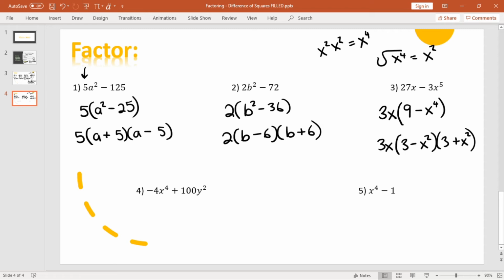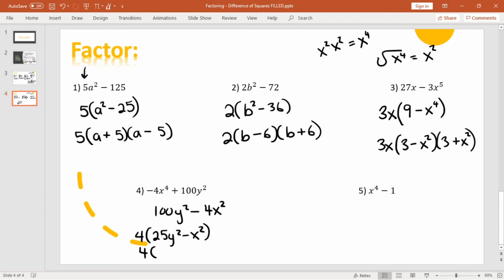They happen to be perfect squares, but you can also factor this one. Or if you don't like the negative in front, you can change the order. It doesn't really matter. You could look at it like this. And then be like, oh, I can take out 4 and have 25y squared minus x squared. And there you go. 2 squares.